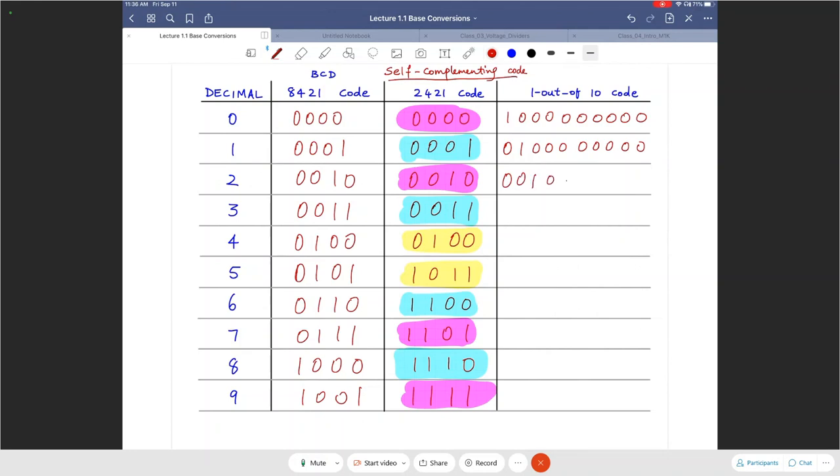Next position. Next position. You guys see that? And the last one will be all zeros except the last bit, which will be 1. 1, 0, 0, 0 does not exist in 2, 4, 2, 1. Yes, you are right, it doesn't.